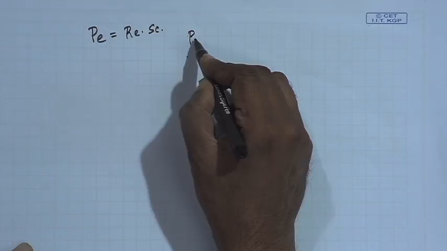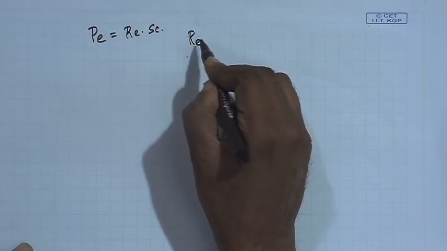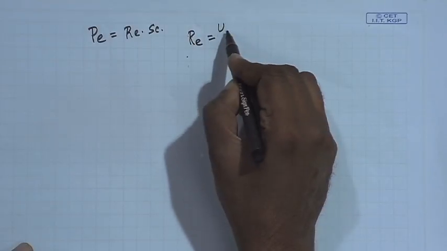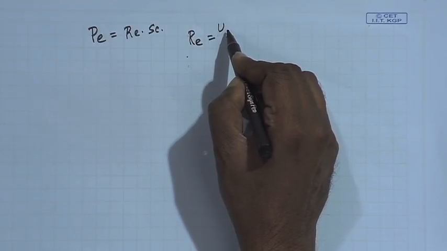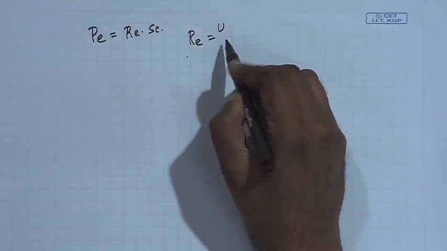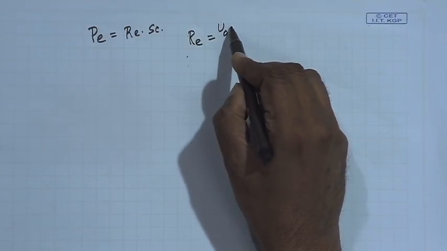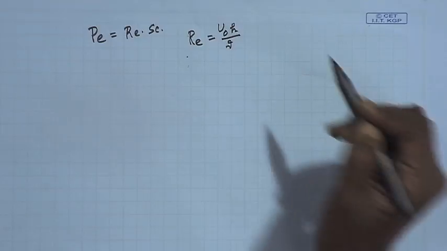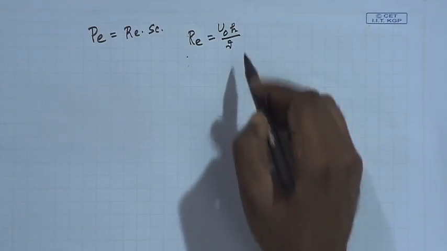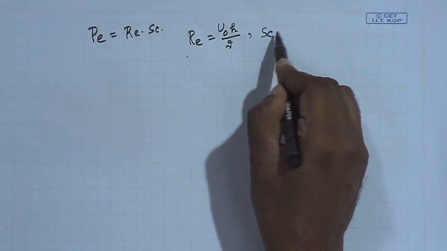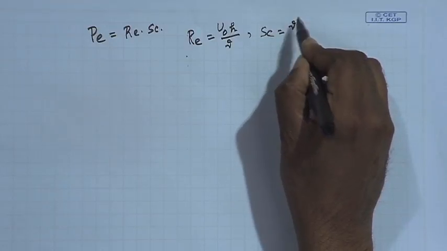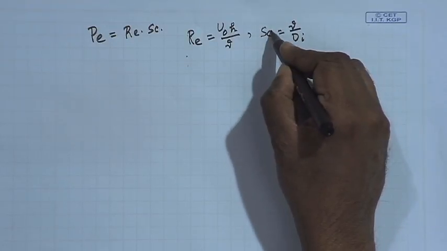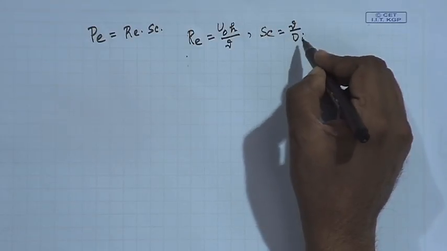So, what is the Reynolds number? Here u0 is the velocity, h is the length scale, and nu is the kinematic viscosity, and the Schmidt number is nothing but nu by Di, where Di is the molecular diffusivity of the ion.